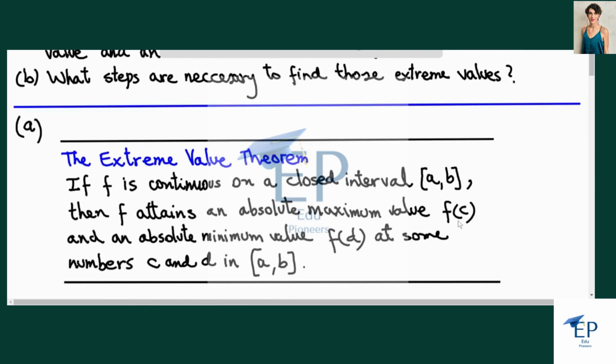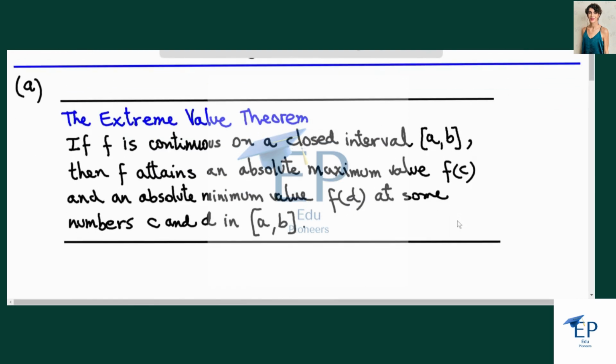So this is the theorem guaranteeing us that the function attains its extreme values on a closed interval and the function has to be continuous for that.